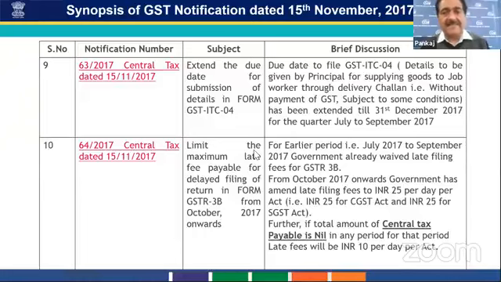But in case your tax liability is nil and the return is nil for that period, then the late fee would be charged only ₹10 per day. That is ₹10 under the CGST Act and ₹10 under the SGST Act.